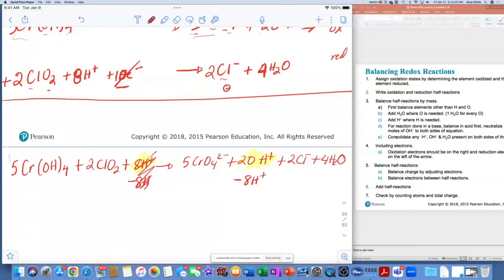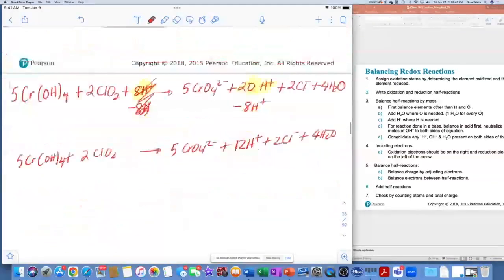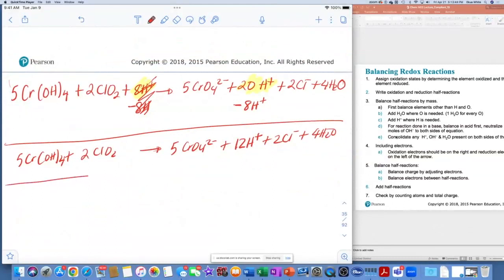So this goes off completely and I end up with 12 H pluses on the right, 5 CrO4 2 minus plus 2 Cl minus plus 4 H2O. And on the left side, I have 2 ClO2 plus 5 Cr(OH)4 minus. Okay? So right now, this is balancing in acid. So with balancing these reactions, I like to balance in acid first. So this is why, that's how I interpret this, because this is how I learned it.